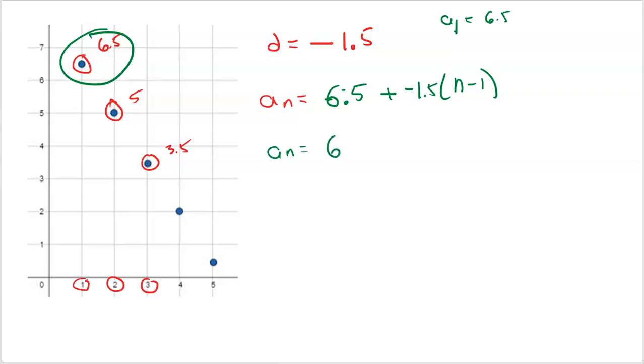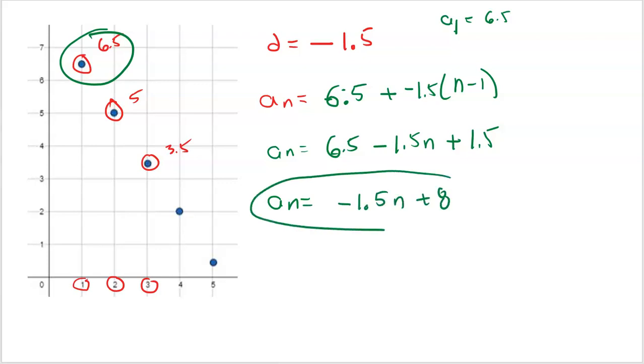And I'm just going to clean this up. 6.5 minus 1.5n plus 1.5. And adding my like terms, 6.5 and 1.5 is 8. So I get negative 1.5n plus 8.